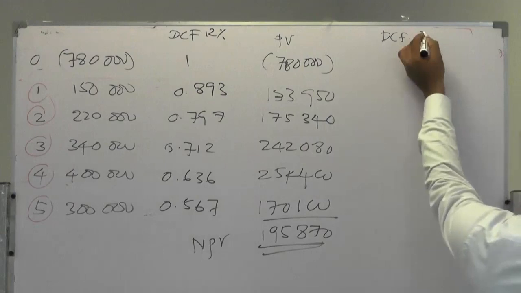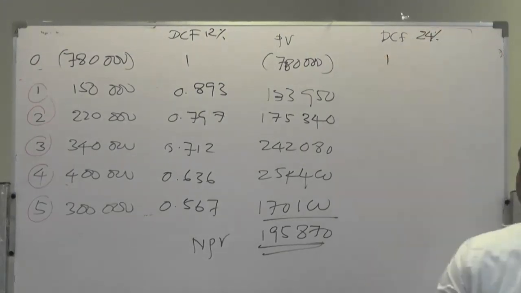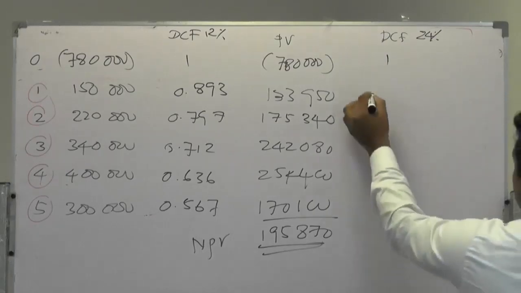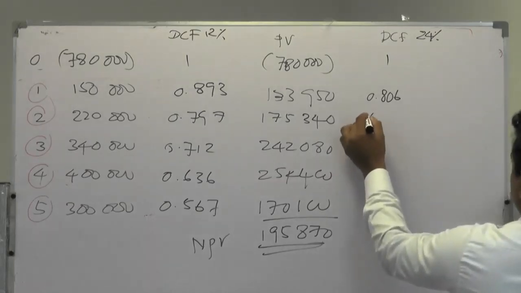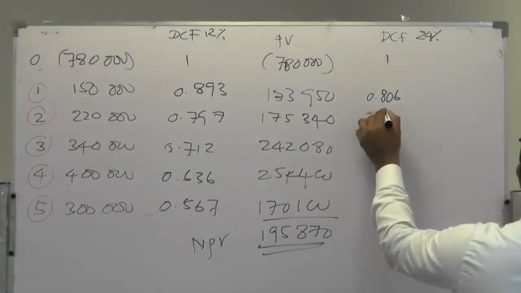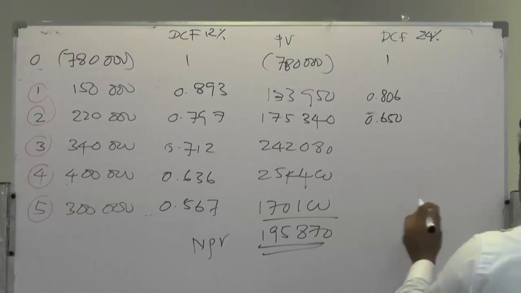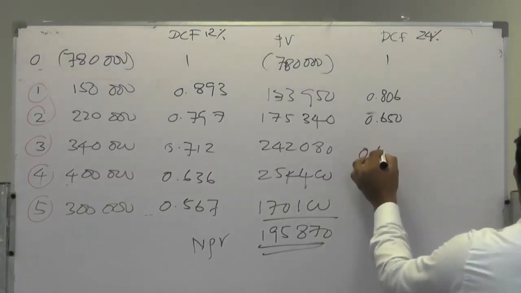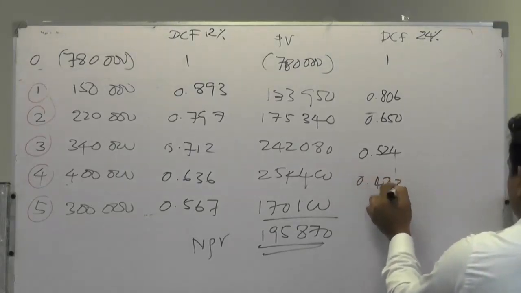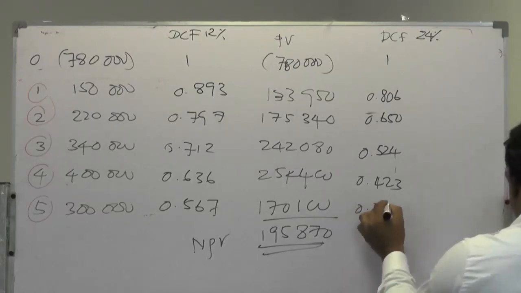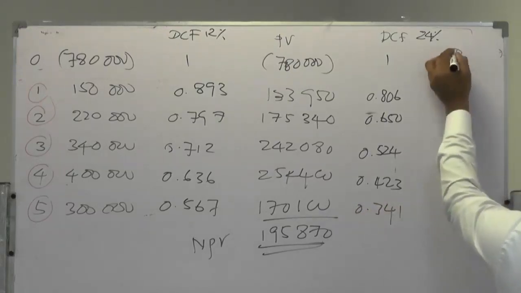Let's take a 24% discounting factor, then 1 divided by 1.24 gives 0.806, 0.650, 0.524, 0.423 and 0.341. Now let's take the present value.